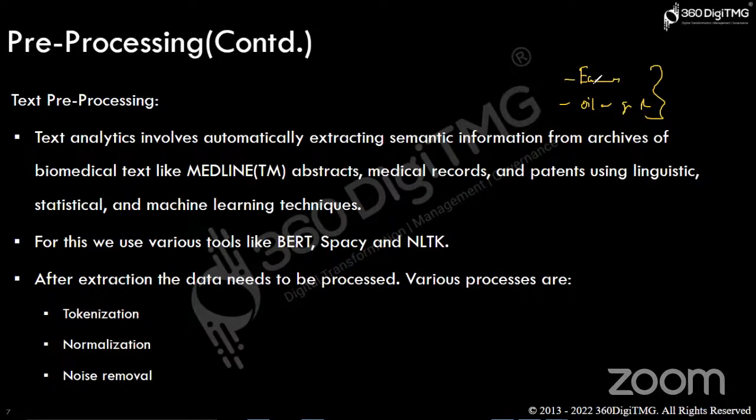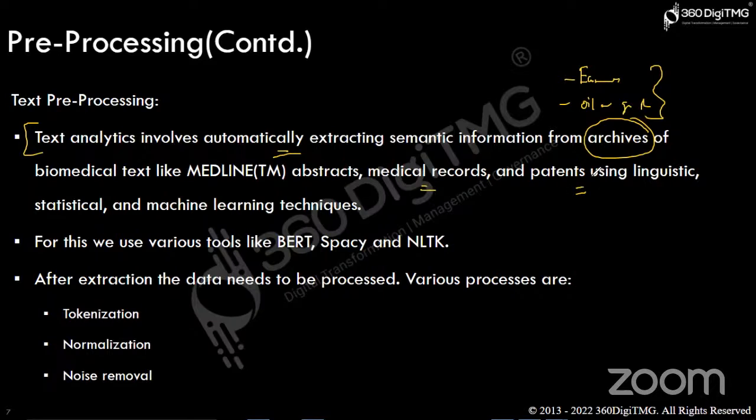We can get very important insights from this data. For example, text analytics involves automatically extracting semantic information from archives. The archives could be related to the oil and gas department, they may be related to patients, or they may be related to logistics data. It could be any data.